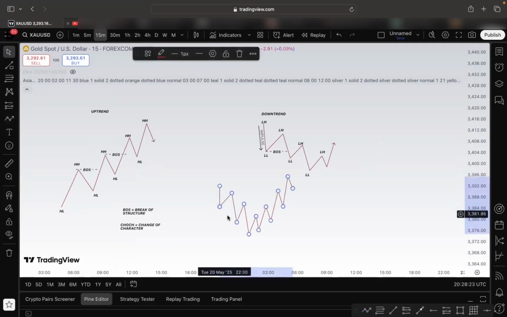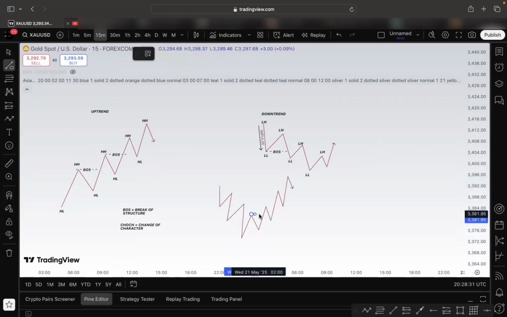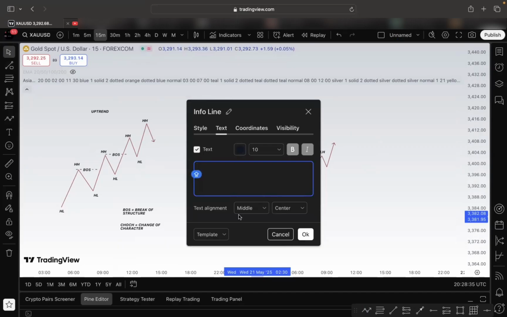Let me spread this a bit. Okay. Everybody in trading, I mean, the terms vary, but break of structure and change of character are terms that are widely used. Yeah, I think some also call it market shift.